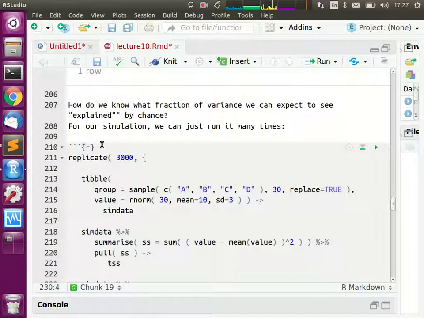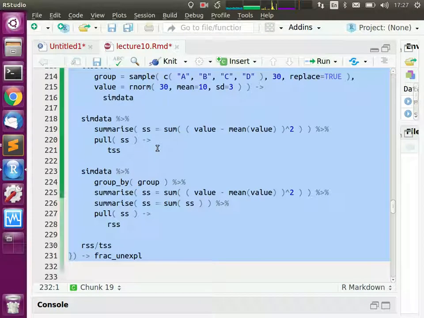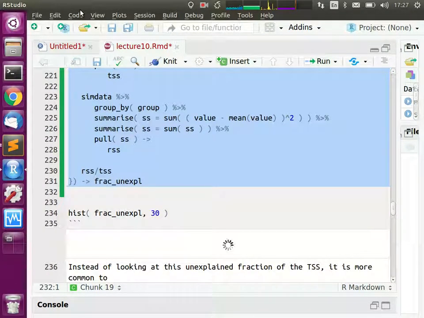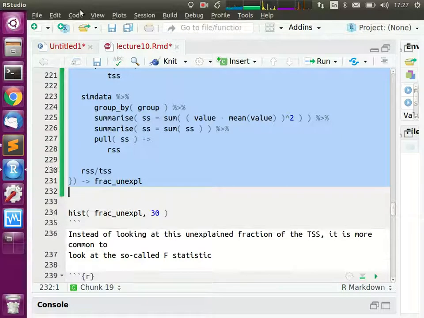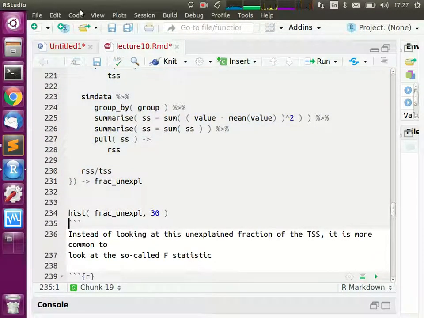And now I say let's redo this simulation, always with freshly random data, 3,000 times. This runs a bit, I think about 15 to 20 seconds. Now I can look at the histogram of it.